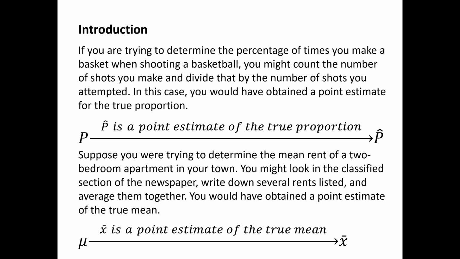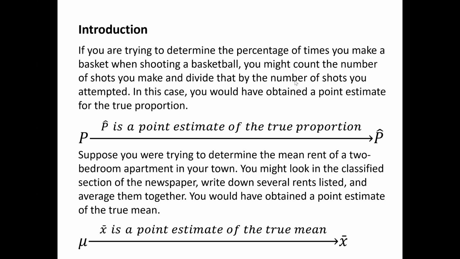In this case, you would have obtained a point estimate for the true proportion. And we use P with a little hat over the top of it to represent the sample proportion, and it is a point estimate of the true population proportion. So P hat means the proportion, the percentage you get from a sample.